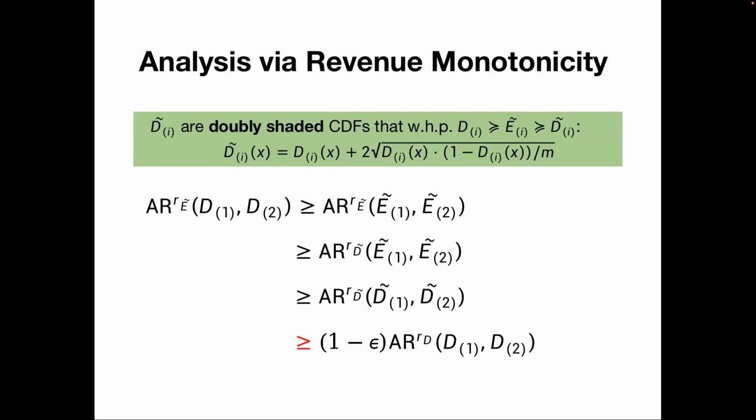The second part of our analysis will use an intermediate object. The doubly shaded CDF is constructed in the following way. I must emphasize that it is constructed from the actual value distribution rather than the empirical distribution.